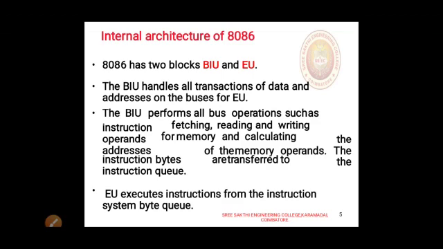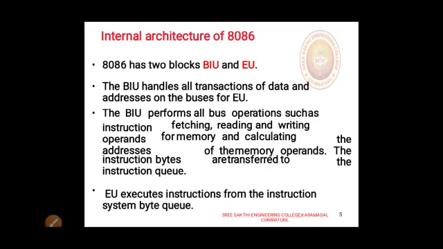Fetching is nothing but bringing the instruction and data from the memory. It reads the operand and writes the result, which means the executed results stored in the execution unit are written by the bus interface unit to the memory. It also calculates the address for memory operands.